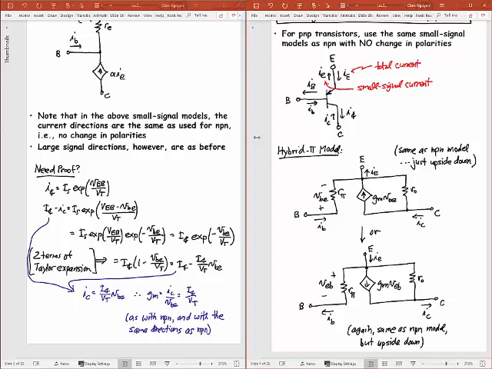So those minus signs then come in, and because of them, you can go through this analysis and end up with exactly the same equation for GM, which is capital I, capital C divided by VT, which is the same equation as for NPN.